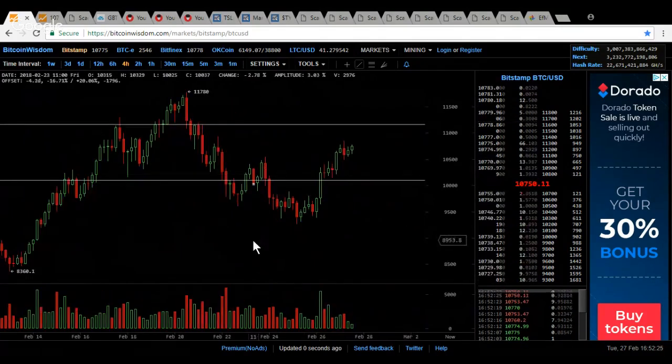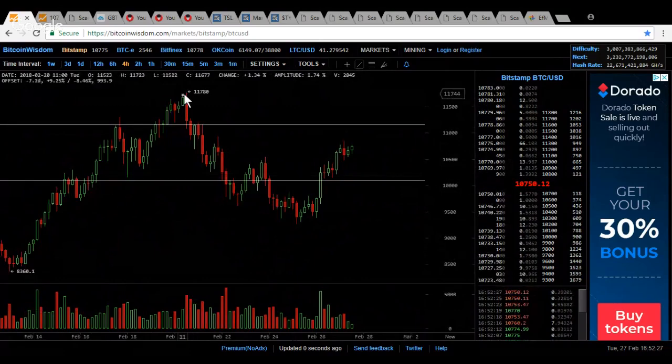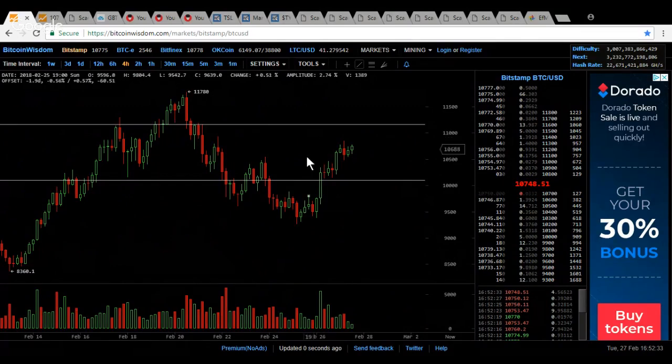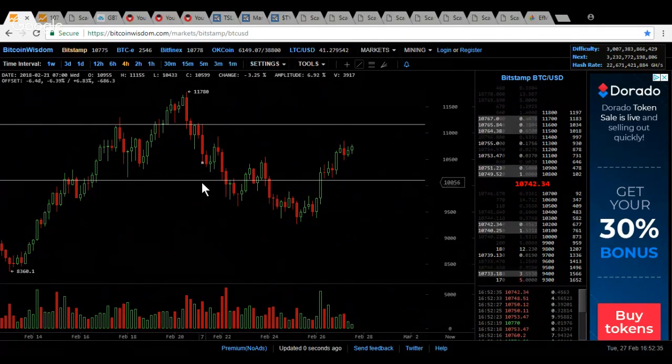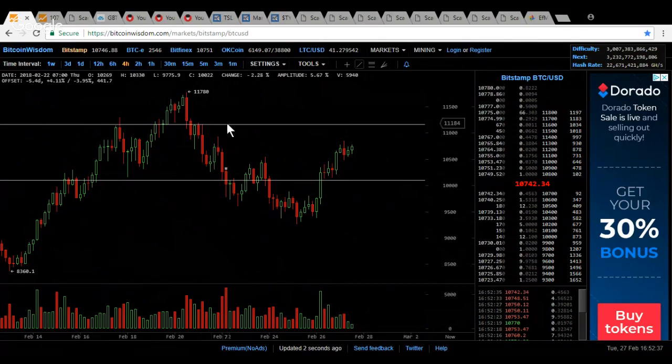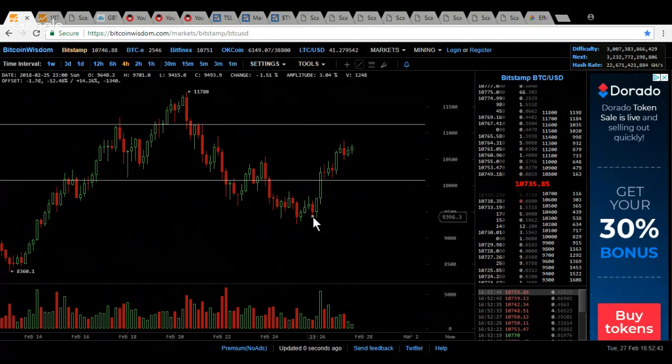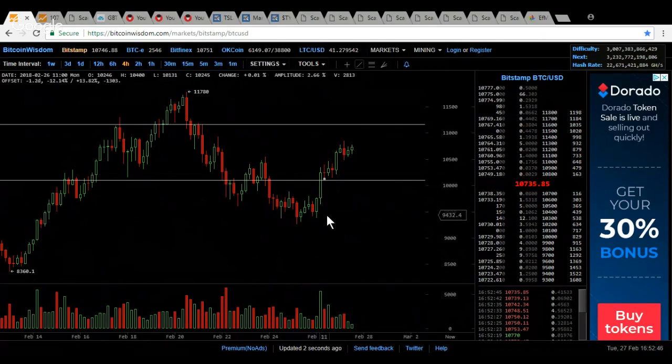Number two, we have worked all the way up to 11,780, clearing both of my resistance lines of 10.1 and 11.1, but we could not hold it. And we were rejected all the way back down below both of them. We are trying again.